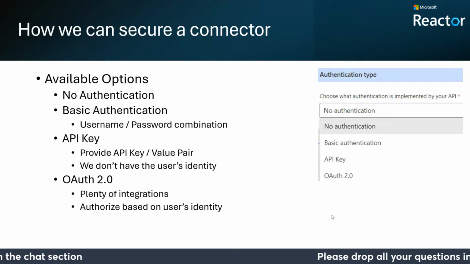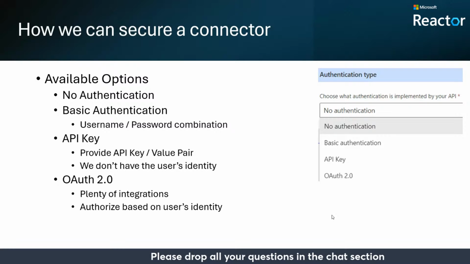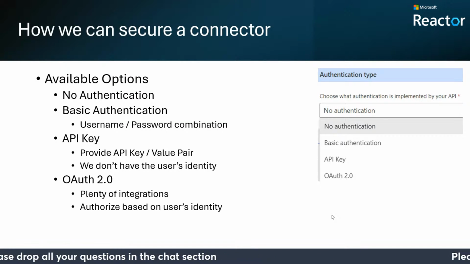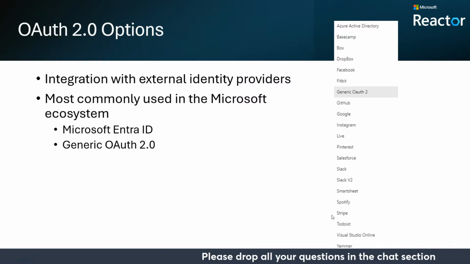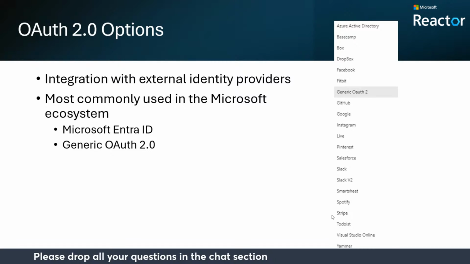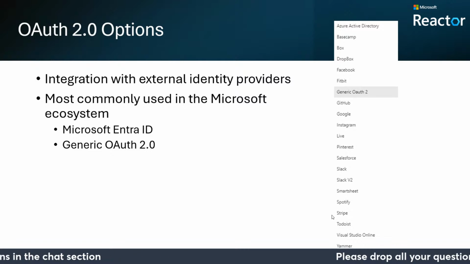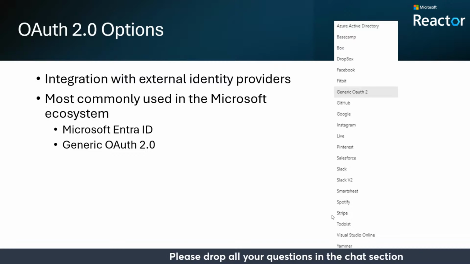And finally, we have OAuth 2. Here, there are plenty of integrations. So here we authorize the users based on the user's identity. For OAuth 2, there are a lot of external providers. Azure Active Directory itself provides OAuth 2 authentication, and apart from that, you might be seeing various options like login with Google, login with Microsoft, login with LinkedIn, or login with GitHub.